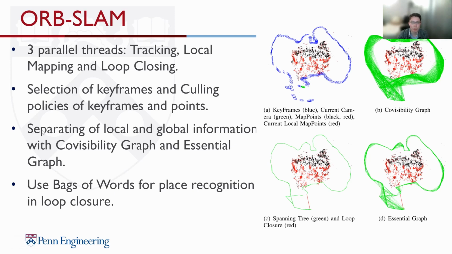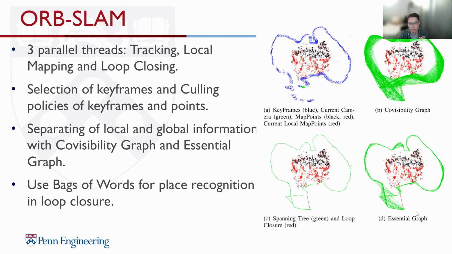That's the third point: the separation of global and local information with the co-visibility graph and the essential graph. The co-visibility graph is used as a local feature matching problem, only matched within some time or step distance. On the essential map, it's only showing the keyframes.